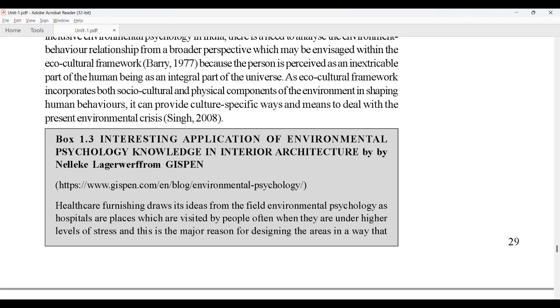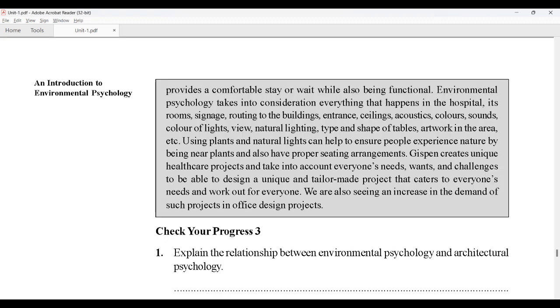Box 1.3: Interesting application of environmental psychology knowledge in interior architecture by Binelli Glagawa from Gisborne. Healthcare furnishing draws its ideas from the field of environmental psychology, as hospitals are places visited by people often when they are under higher levels of stress, and this is the major reason for designing the areas in a way that provides a comfortable stay or wait while also being functional.